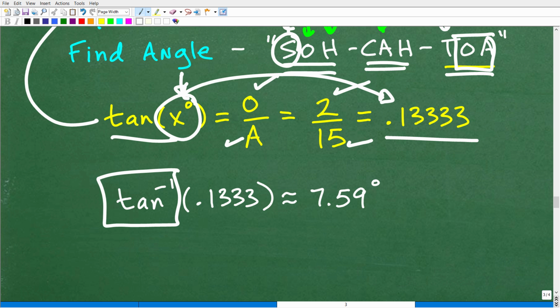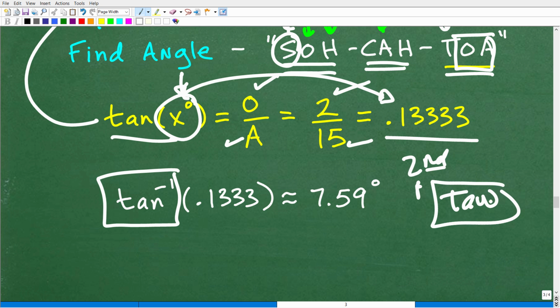That's called arctangent. Now, for those of you that really want to do the work on a calculator, you typically have to use your second function and go to your tangent button, and that will bring up your arc function, this little -1 right there. And so we're just going to plug that into our calculator. We'll pull up the arc function and then type in this decimal, 0.1333.